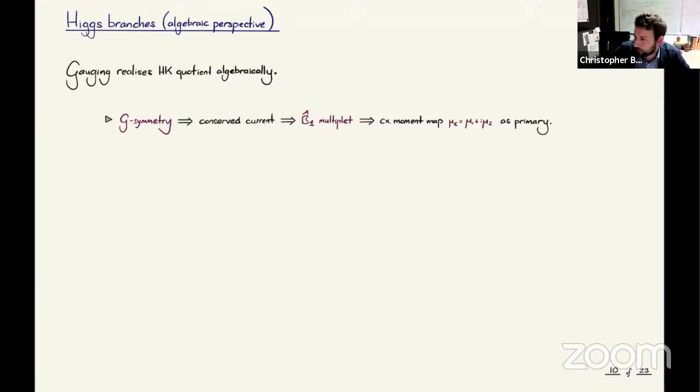And so the story that I'm telling today is really a 4-dimensional story. And it won't have a 3-dimensional or 5-dimensional analog that I'm aware of, even though the Higgs branch is a thing that lives all over the place.